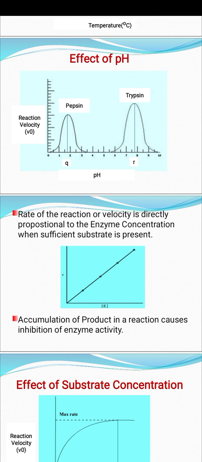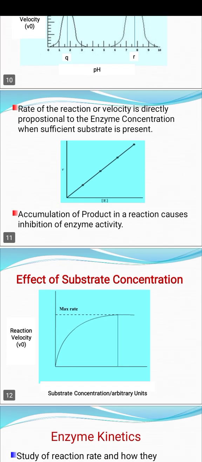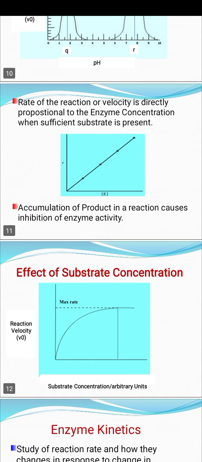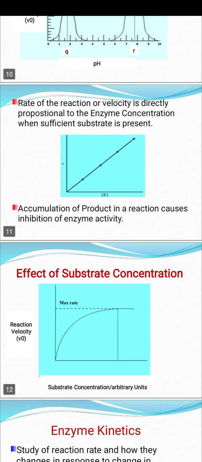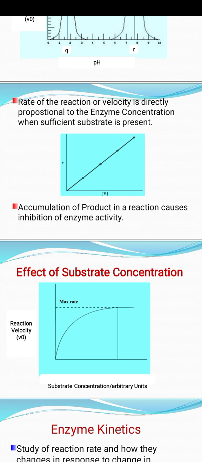The same applies to the effect of substrate. We can't say that when the substrate is more, the enzyme activity is more. As substrate concentration increases, the enzyme reaction increases.